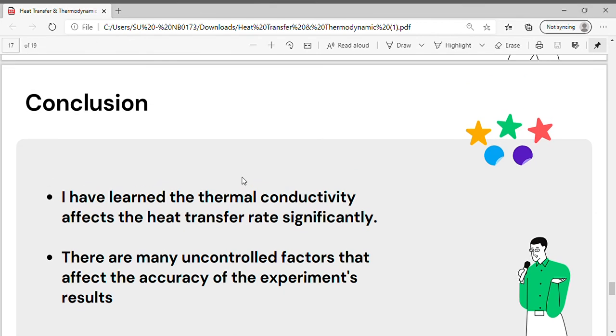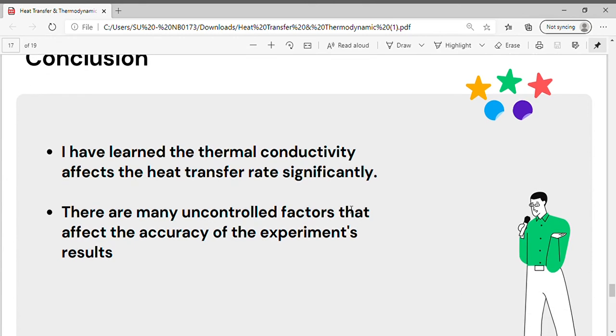For the conclusions, I've learned that thermal conductivity affects the heat transfer rate significantly. So the higher the thermal conductivity, the better it is at transferring heat. And there are many uncontrolled factors that are still difficult to model in these experiments.